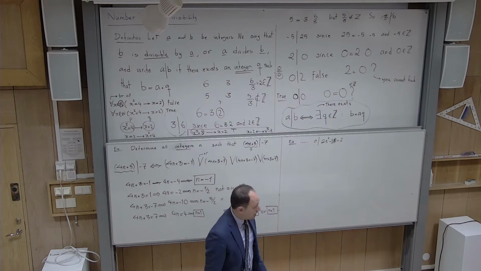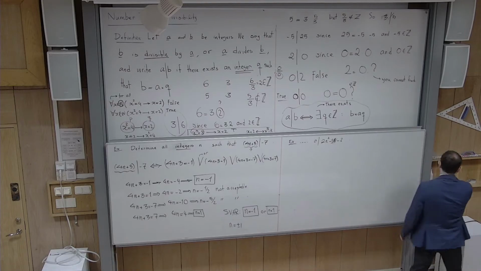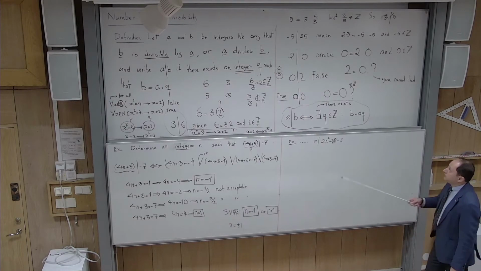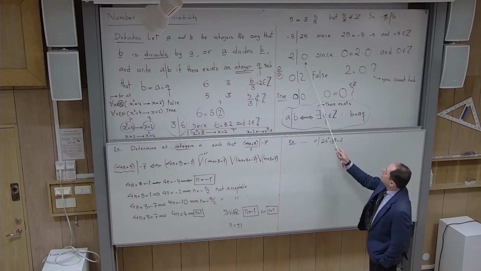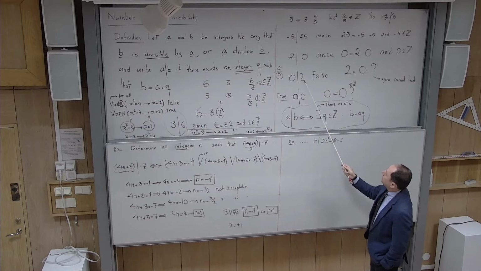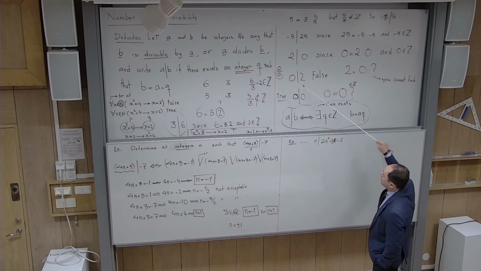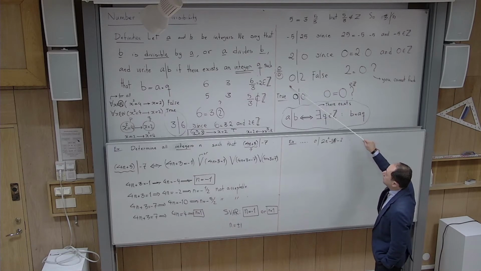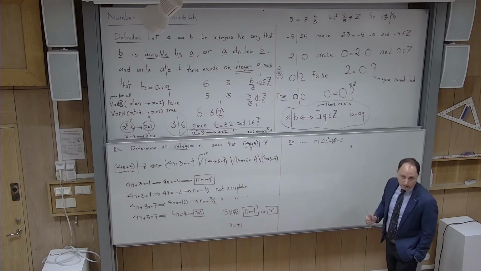Because you just learned here that if you have 0 on the left, I have two cases. In one of them, if I have a non-zero number on the right, it is always false. So this cannot happen. Yes?